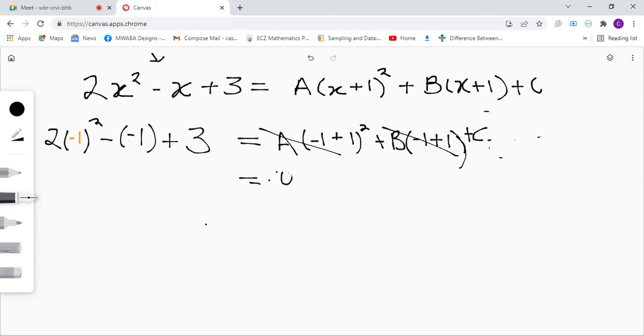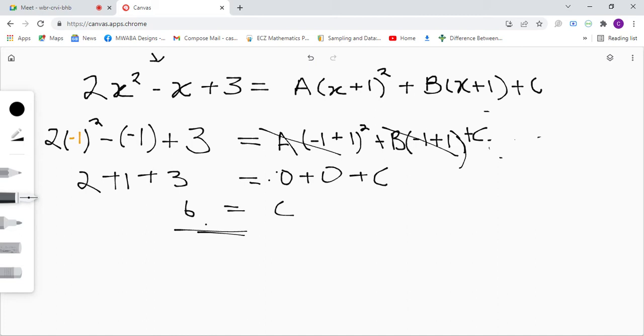So this is going to be 0 plus 0 plus C. Then on our left hand side, -1 squared is 1. 1 times 2, that's 2. Negative and negative make positive, so 2 plus 1, plus 3. So 2 plus 1 plus 3 gives us 6. So the value of C is 6.